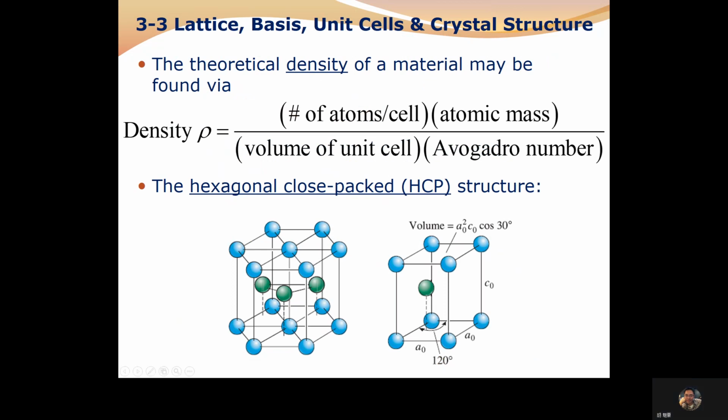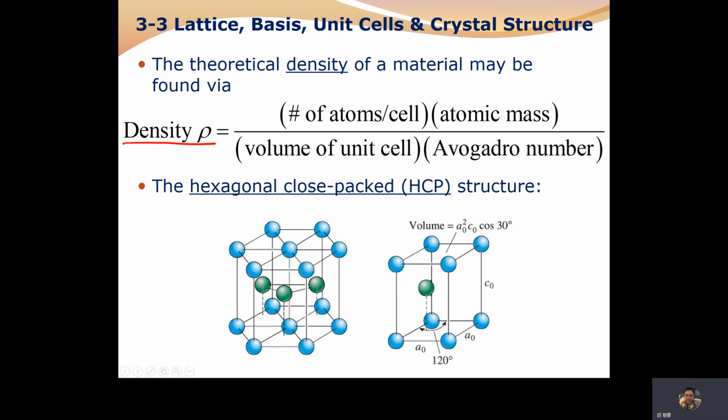Therefore, the theoretical density can be defined by the number of atoms per unit cell times atomic mass, divided by the volume of the unit cell times Avogadro's number. This is for pure elements, pure materials. But for composites or some alloys, we have to measure it.